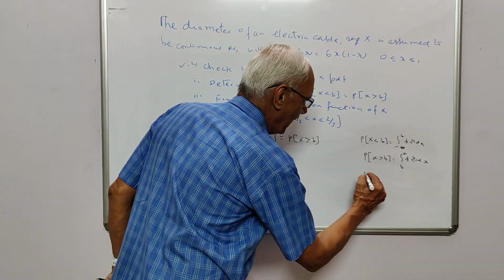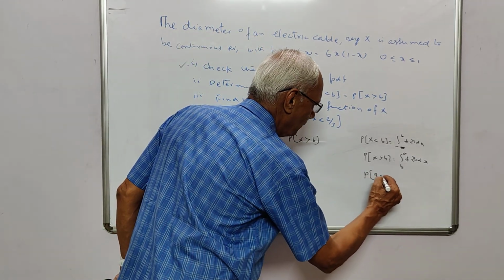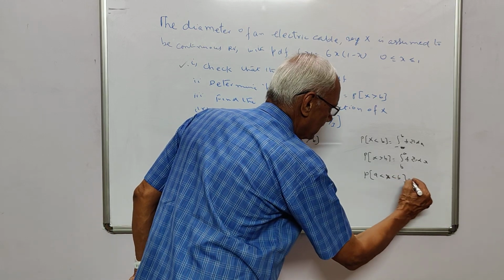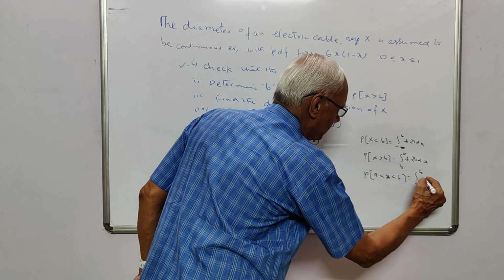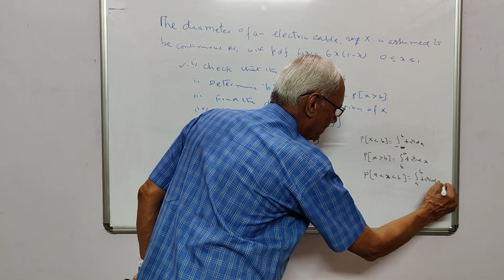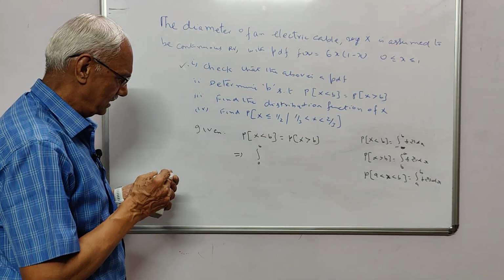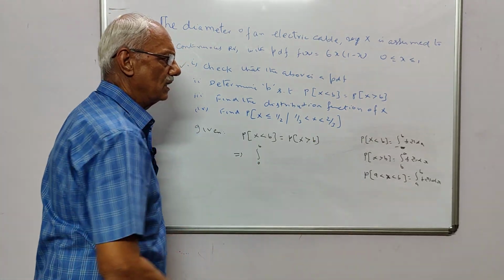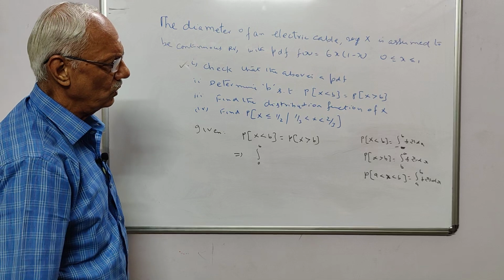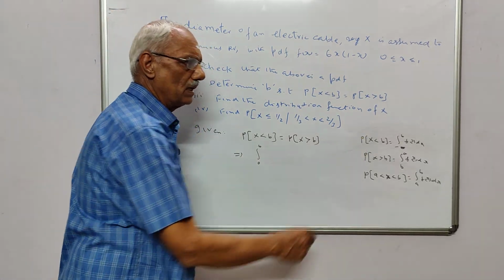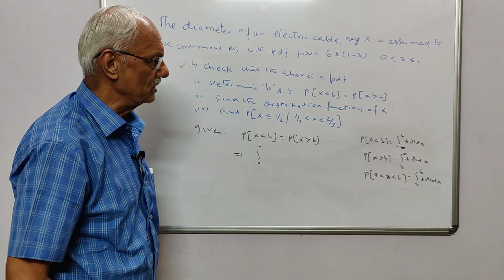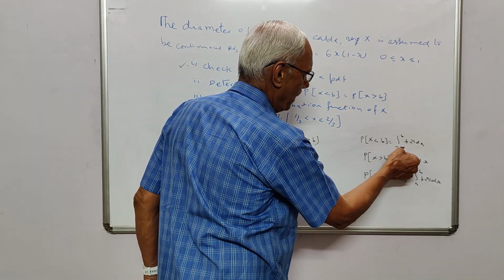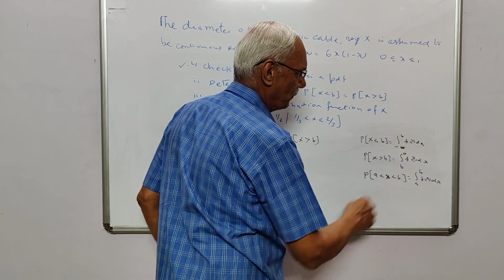And as I told you, P of a less than x less than b is equal to the integral from a to b of f of x dx. These are the understanding that you must have with regard to the probability density function. So you see that if x is less than b, then it means minus infinity to b f of x dx.